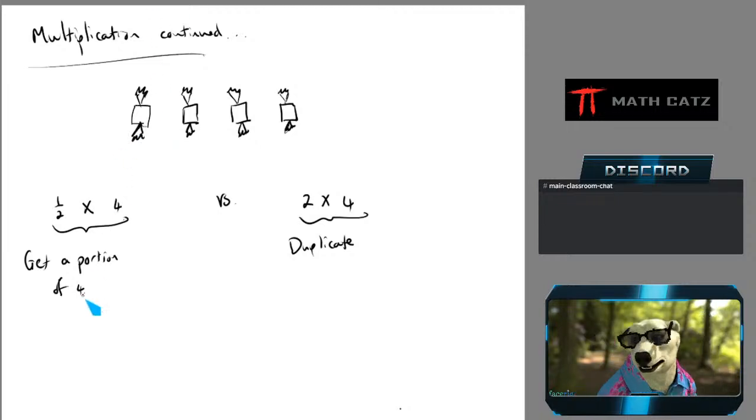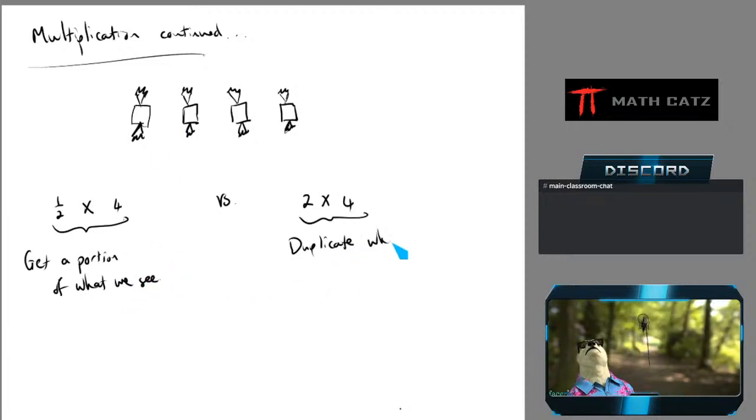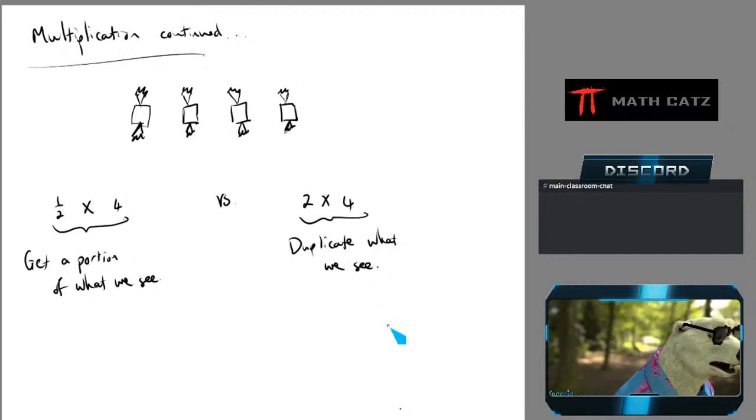Let's not say 4, let's say of what we see, of what we see in front of us. We get a portion of it. The other one is we duplicate what we see and get to keep all of that. And hopefully there's a bag behind the table that can give me more because you told me I'm going to get 2 times what I see, so I'm waiting.